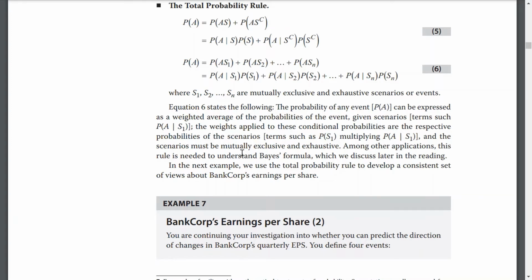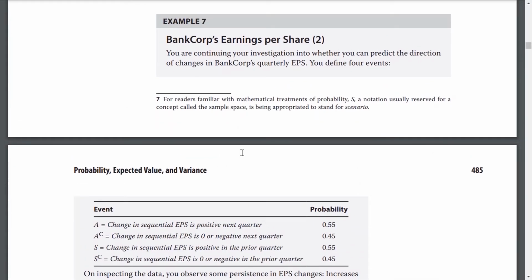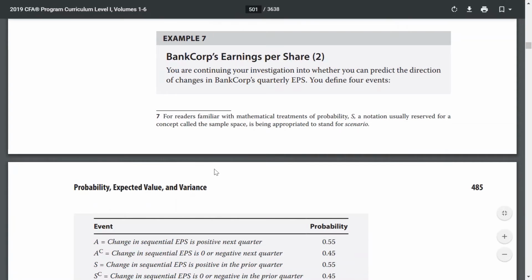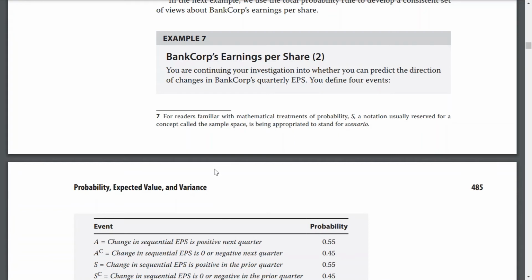In the next example, we use the total probability rule to develop a consistent set of views about Bank Corp's earnings per share. You are continuing your investigation into whether you can predict the direction of changes in Bank Corp's quarterly EPS.